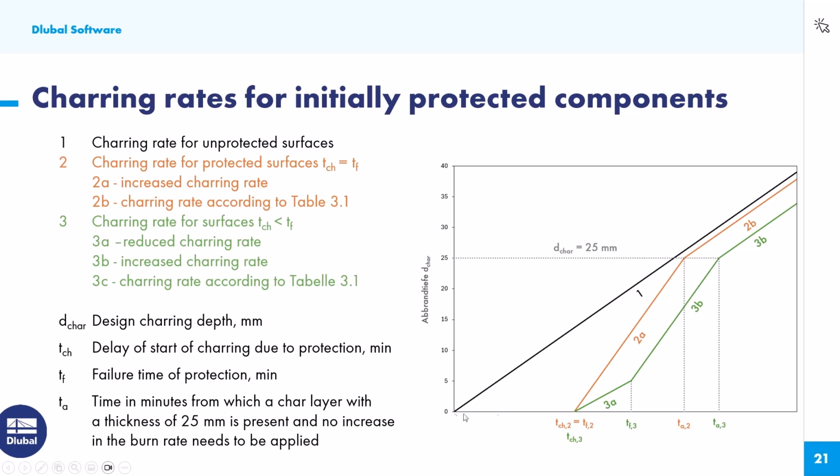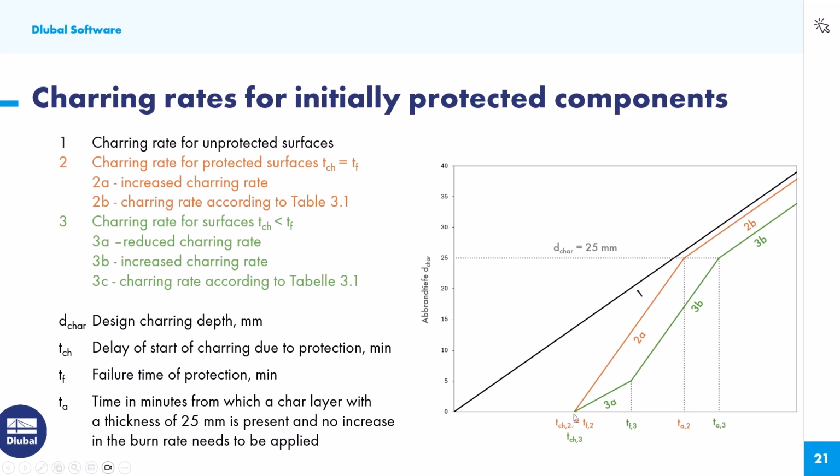And now we come to this delay, when we use some protection. Here we see two different curves, curve 2 and curve 3. We will talk about both curves in detail on the next slides.